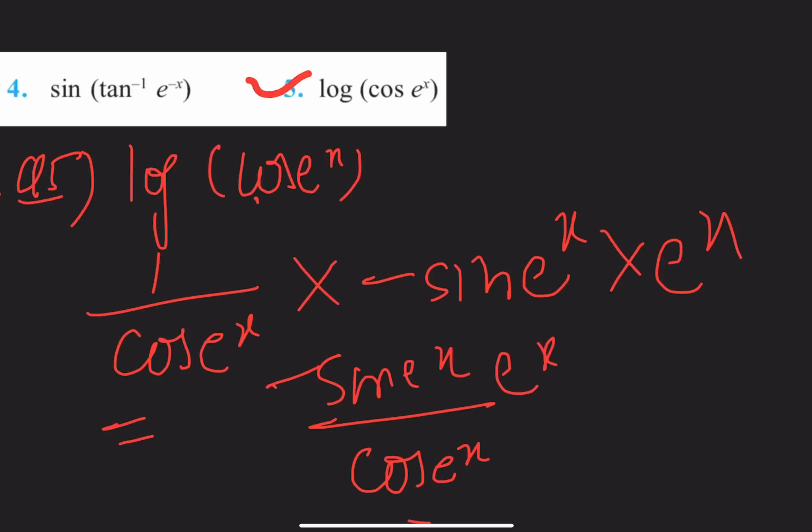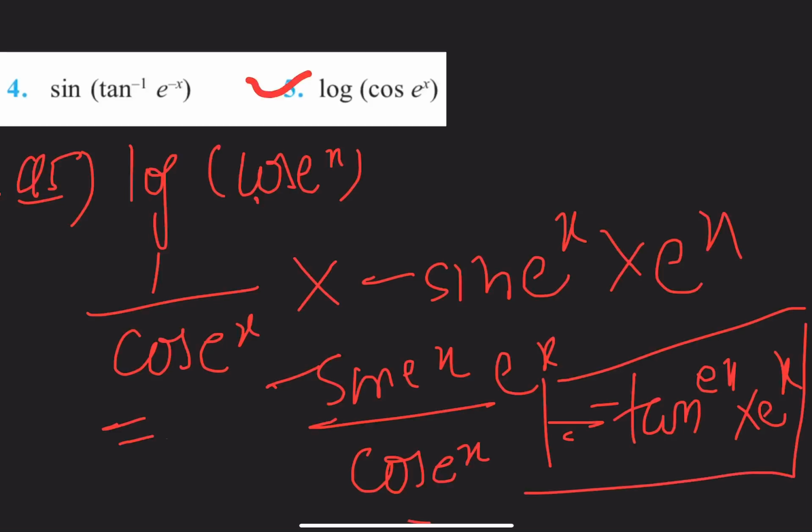Sin upon cos becomes tan. So this becomes tan e to the power x into e to the power x with a minus sign is your derivative. Minus tan e to the power x into e to the power x.